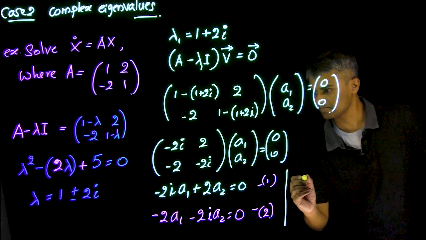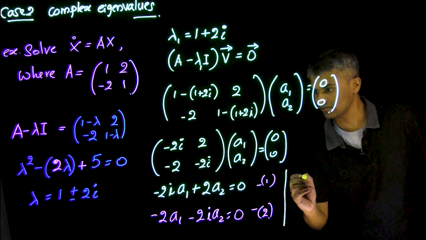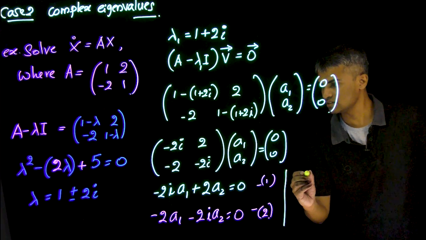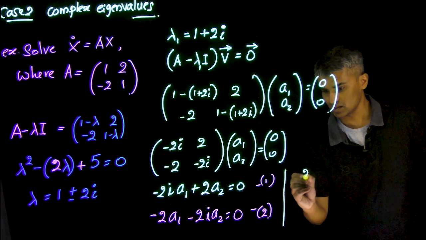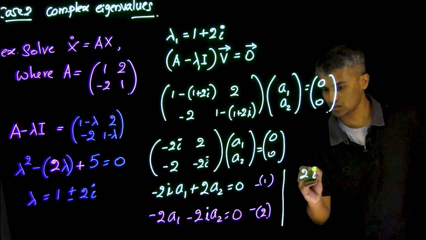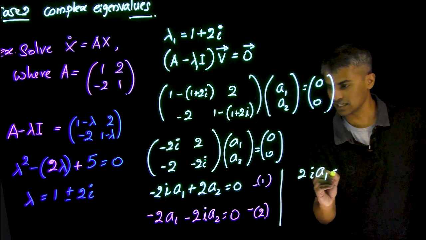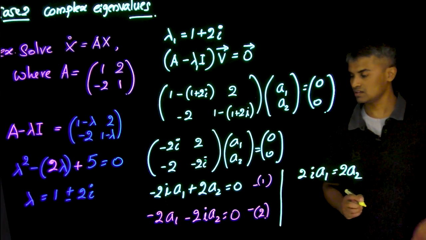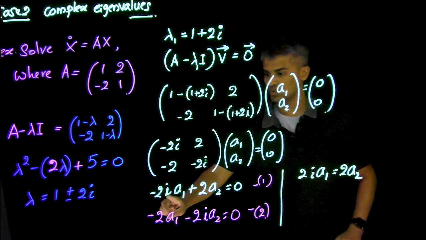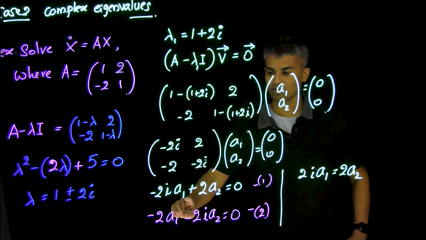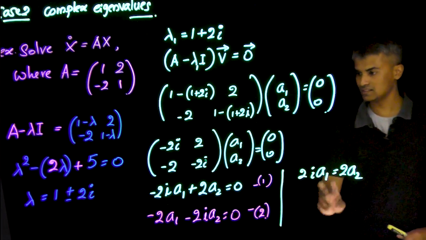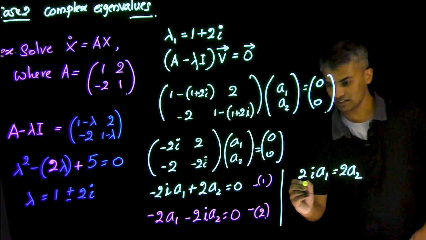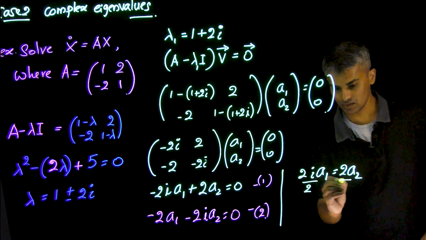Okay. So basically from equation 1 we have 2i a1 equals 2 a2. If you add 2i a1 to both sides, you will get this. Now, let us divide both sides by 2.